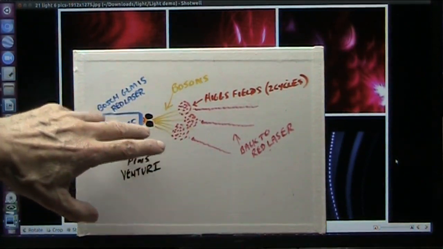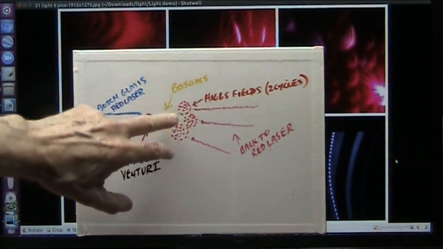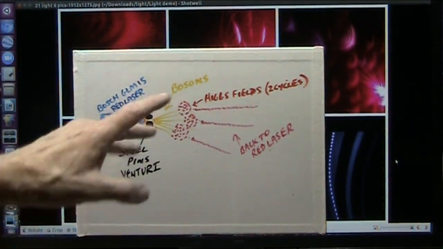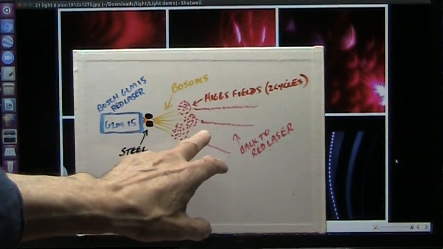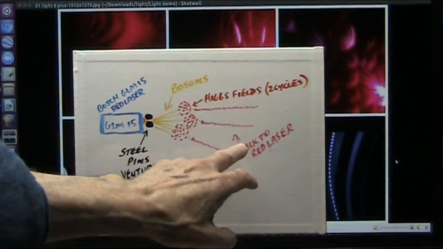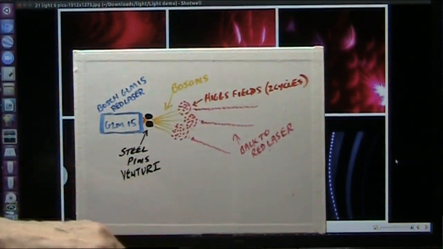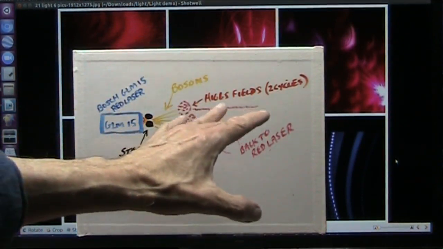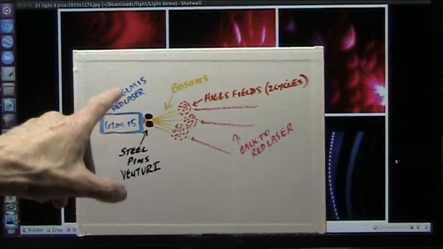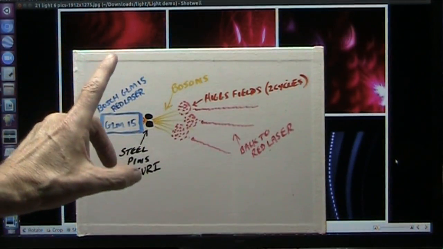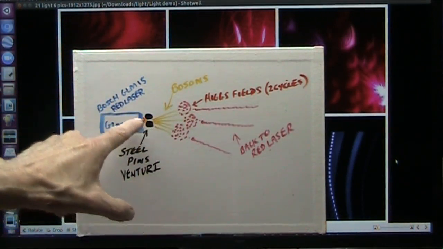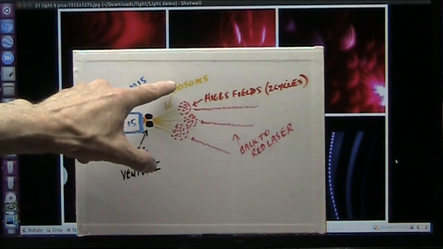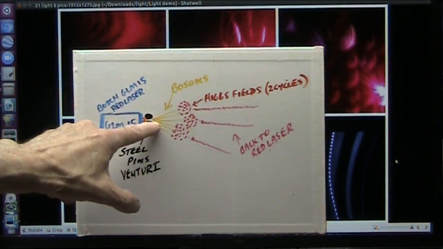And you'll see the acceleration. And that acceleration starts to slow down, and then you get these Higgs fields. You'll see them, this is my representation. Then it will turn back to red laser light as it slows down and finds its way back to its normal speed within this particular medium. So, laser, pins that restrict it and create a venturi, bosons, these are bosons spraying out of here.